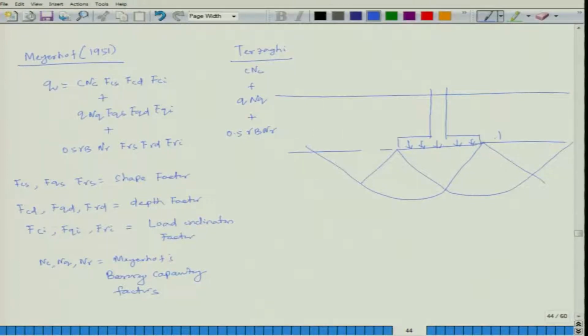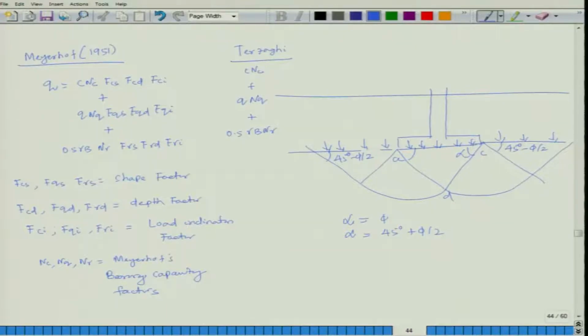If you look at here, here it is 45 degree minus phi by 2, here it is 45 degree minus phi by 2, then here A, C, D, this angle is your alpha. Alpha is equal to phi for Terzaghi's bearing capacity theory, and for Prandtl's basic bearing capacity theory it is 45 degree plus phi by 2.